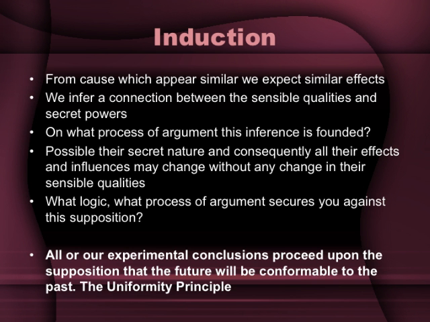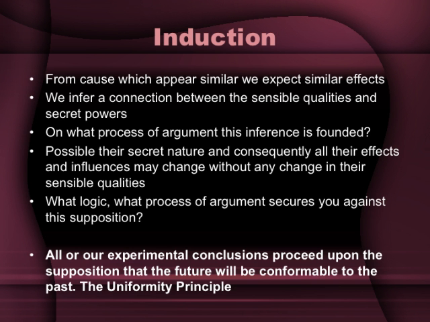Hume goes on to state that all arguments concerning existence are founded on relations of cause and effect, that our knowledge of that relation is derived entirely from experience, and that all of our experimental conclusions proceed upon the superstition that the future will be conformable to the past. That is what is called the uniformity principle. And again, I'll state this again.